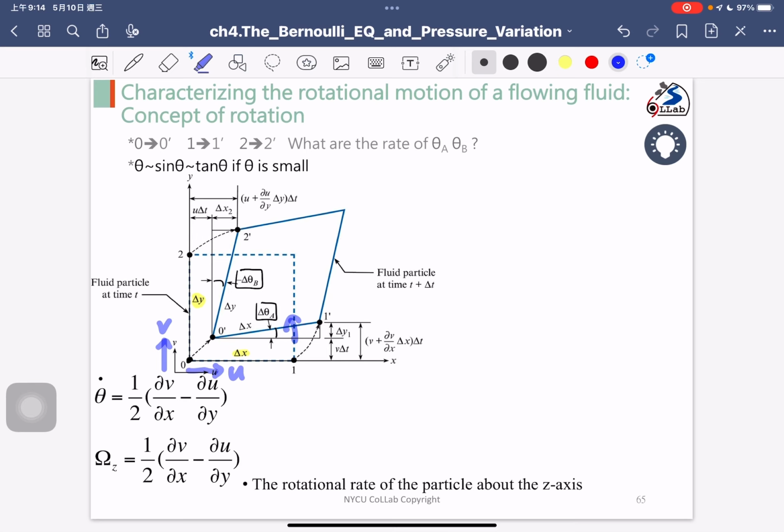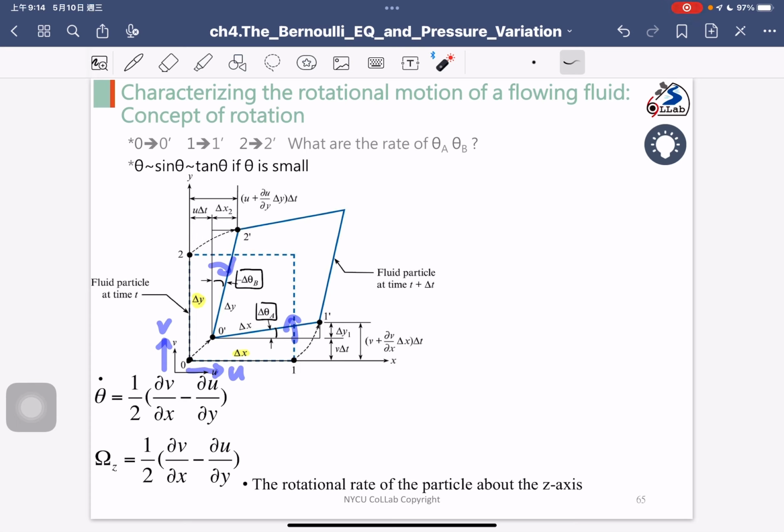But if you see theta B, the rotation direction is clockwise. So for clockwise, by your right hand, the rotation angle is minus. So that's why there is a positive theta A, but a negative theta B, because the rotation direction is different. Theta A is counterclockwise, so positive rotation, and theta B is clockwise rotation, so the theta angle is minus.